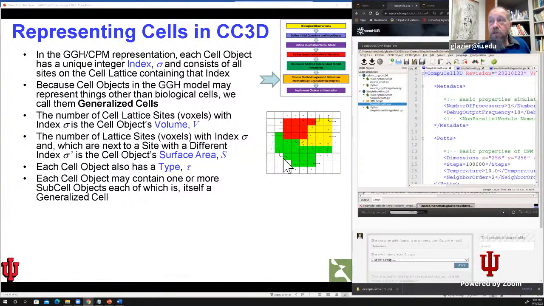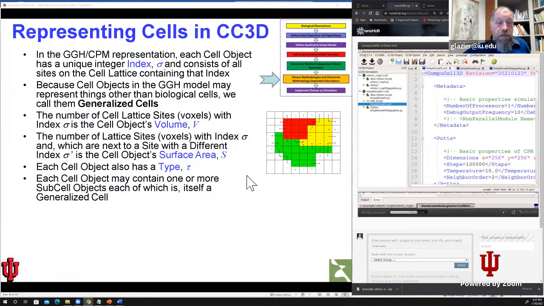The surface, as I mentioned, is dependent on the lattice we use, but typically there's a concept of surface which we'll call S. Now, there isn't a consistent way to talk about volume and surface when we want to do 2D and 3D. And so we're going to have to get used to the fact that in 2 dimensions, what looks like the area of the cell we call the volume, and what looks like the perimeter of the cell we call the surface. And that's terminologically what we're stuck with.